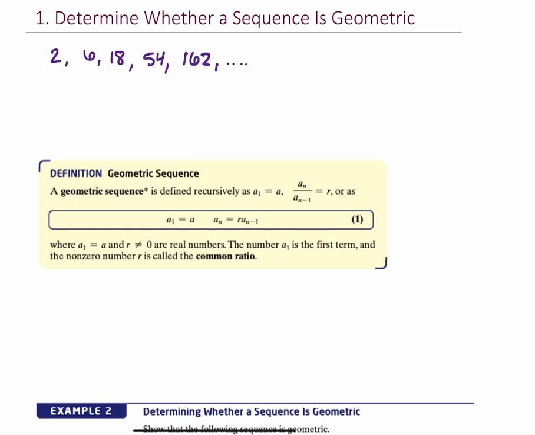If you divided consecutive terms, you would see that each time 2 times 3 is 6, 6 times 3 is 18, 18 times 3 is 54, 54 times 3 is 162. So each successive term is multiplied by the same value r. So in this case, we would say r equals 3. And this is what we'll call the common ratio.